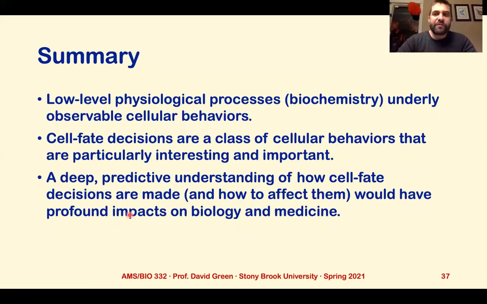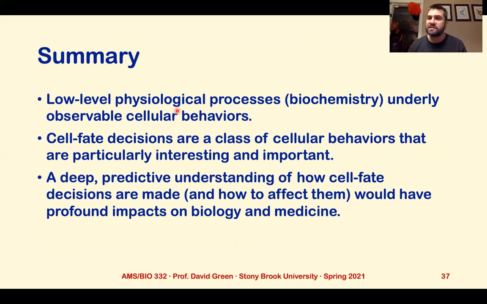So in summary for this first mini lecture, or second mini lecture, first on real content, there are a set of low-level physiological processes, fundamentally processes of biochemistry, that underlie observable cellular behaviors.